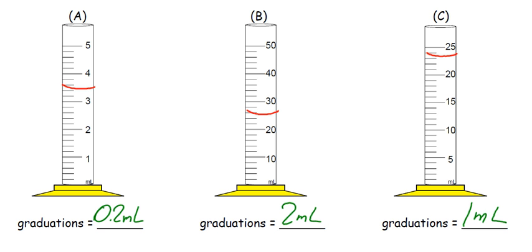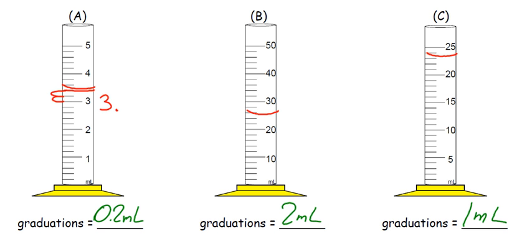Okay, I know over here I'm going by 0.2. So if I go up 1, 2, 3, that means my measurement will be 3 point something. Each one's worth 0.2, so that's 0.2, 0.4. If you look, 0.4 is just below where the meniscus is.